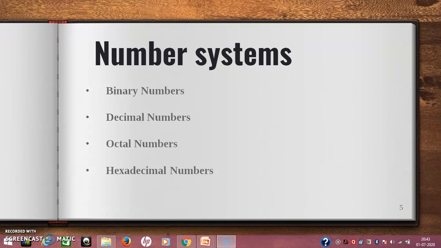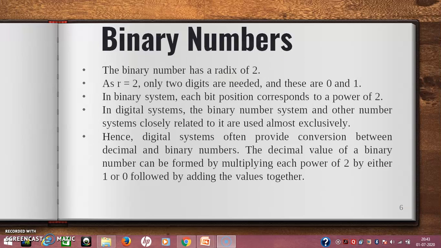We are very well acquainted with different types of number systems, namely binary number system, decimal number system, octal number system, and hexadecimal number system. When we consider binary number system, it has a radix of 2. That means the base in binary number system is 2 and there are only two digits, 0 and 1.